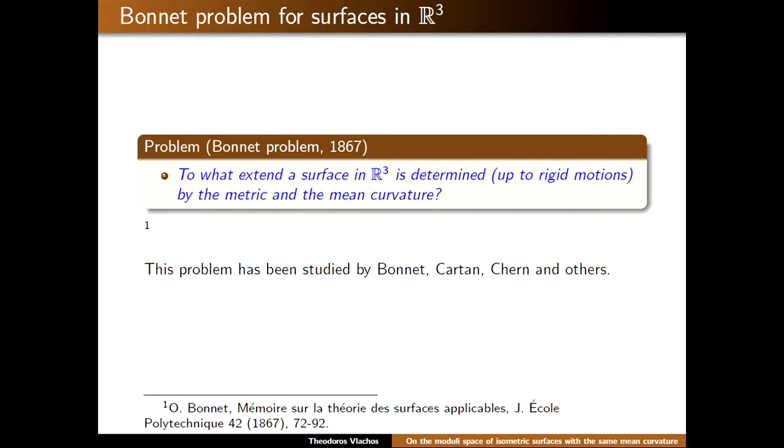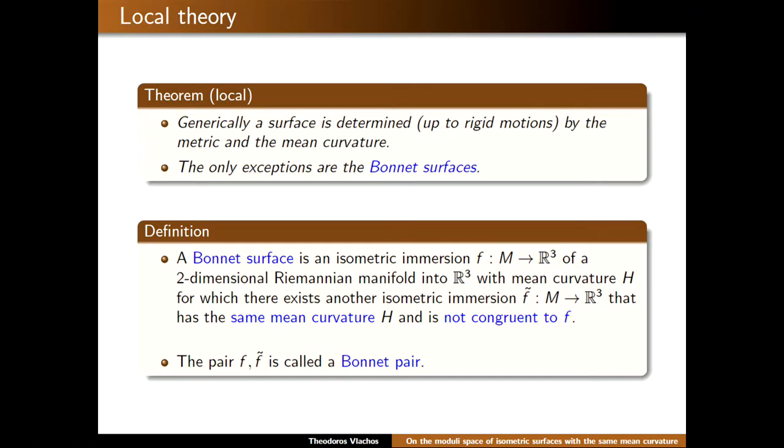More precisely, he wanted to know to what extent a surface in R3 is determined by the metric and the mean curvature, just the trace of the second fundamental form. This problem has been studied by several people, among them Bonnet himself, Cartan, Chern, and several others.